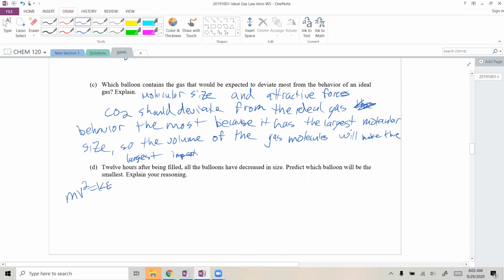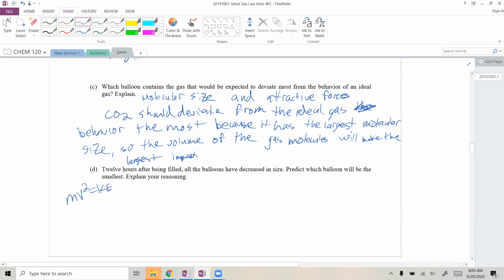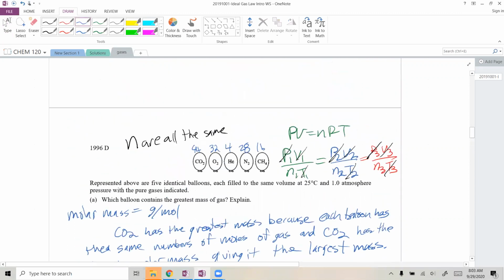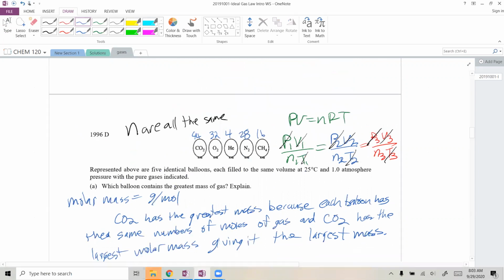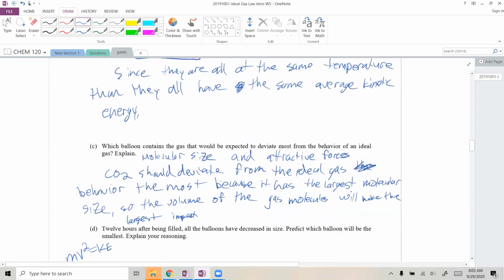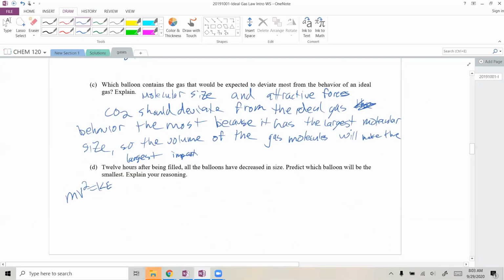So that means that looking at our 5 gases, the one that has the lowest molar mass, helium, is going to be moving around the fastest. And that means CO2, the one that was the largest, is going to be moving around the slowest. And so if we think about how things diffuse, so that's them moving around and escaping from our balloon, then the one that moves the fastest is going to give it the highest rate.